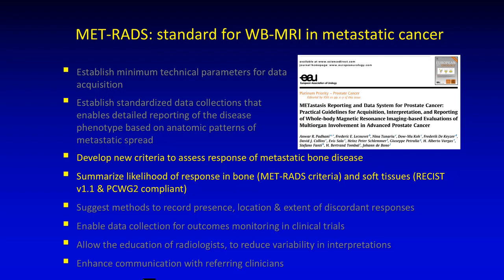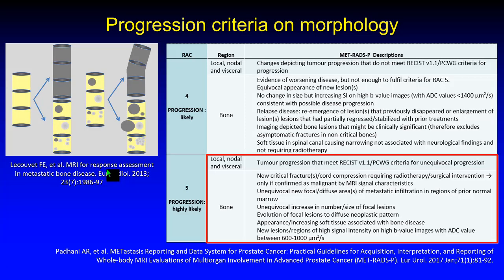So we've taken RECIST criteria, the standard RECIST criteria, and the version that is applied to prostate cancer, called the Prostate Cancer Working Group 2 criteria, which you can see here, PCWG2, for the soft tissues, but we've had to develop criteria for the bones, because the bones are not within RECIST.